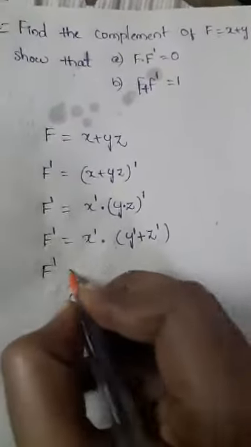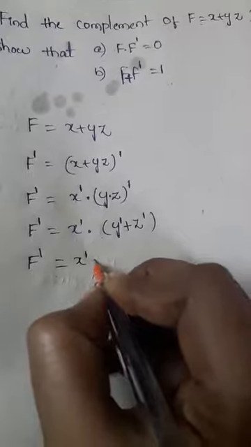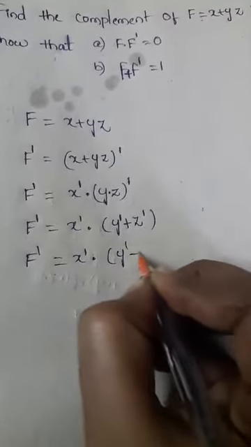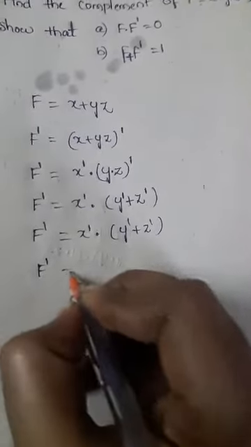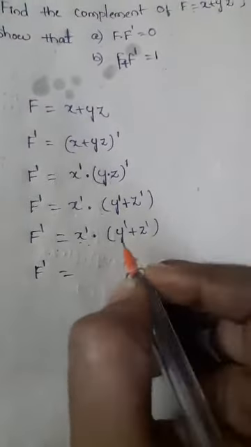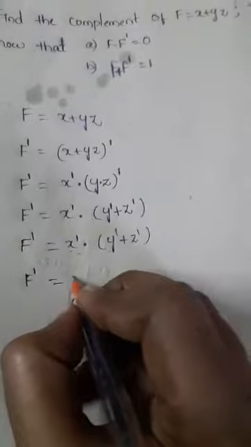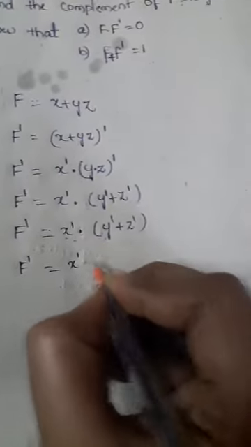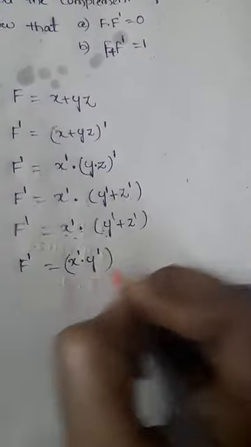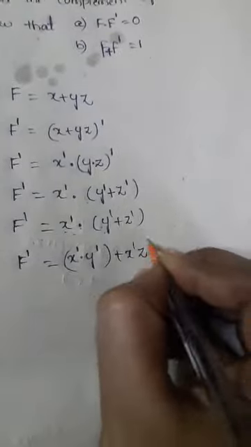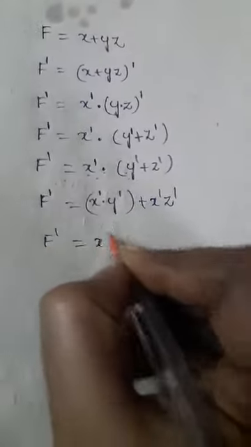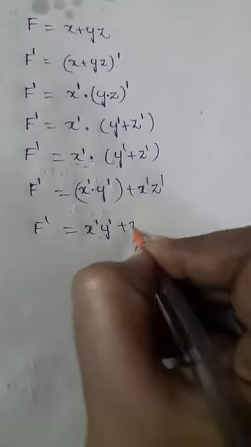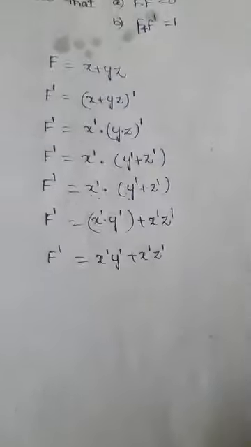So we get F complement equals X complement into Y complement plus Z complement. Now we can rewrite this equation by multiplying X complement with each variable: X complement into Y complement plus X complement into Z complement. So the final F complement is equal to X complement Y complement plus X complement Z complement.